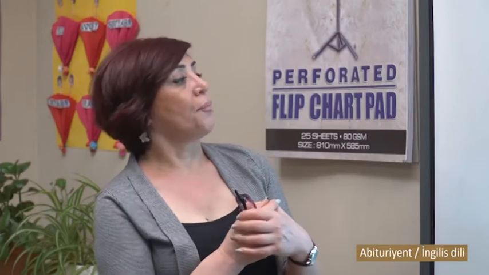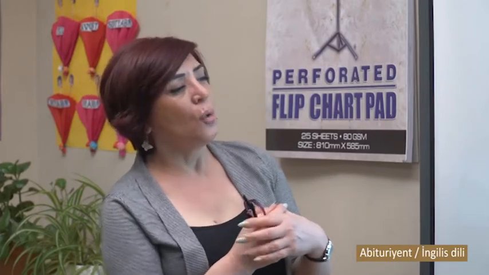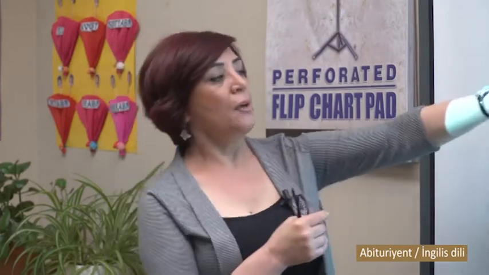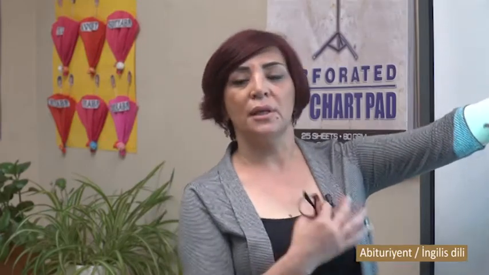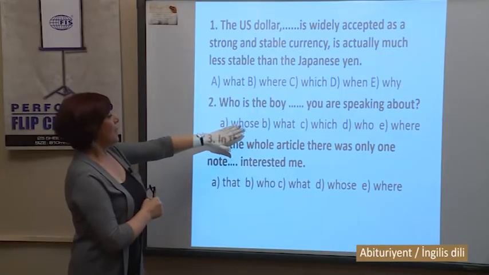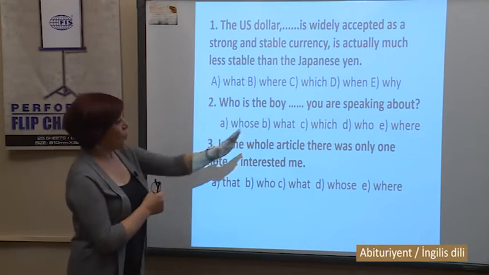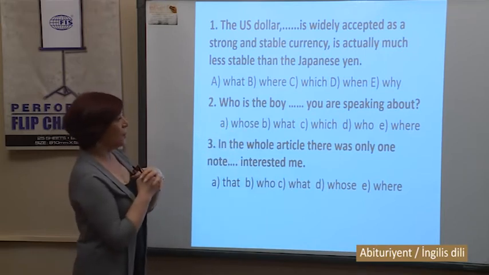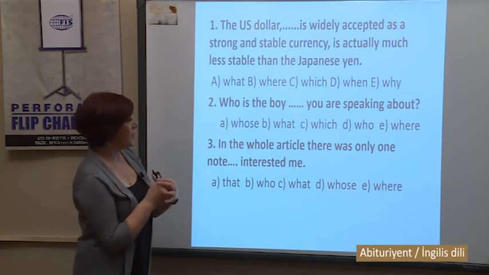Number 2, who is the boy you are speaking about? If we want to get extra information, which boy I am talking about, this is the question. Which variant to use? Where is incorrect, as you know. Which can't be used with people.